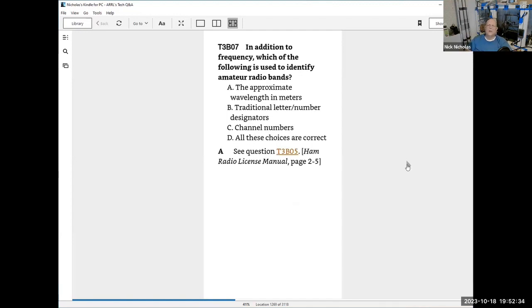In addition to frequency, which of the following is used to identify amateur radio bands? Well, we identify them by their approximate wavelength in meters. So we refer to one of our longest bands as 160 meters, which is around 1800 kilohertz, or 1.8 megahertz.